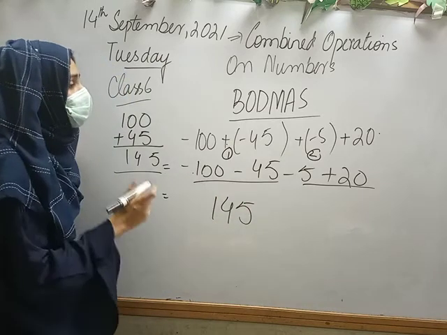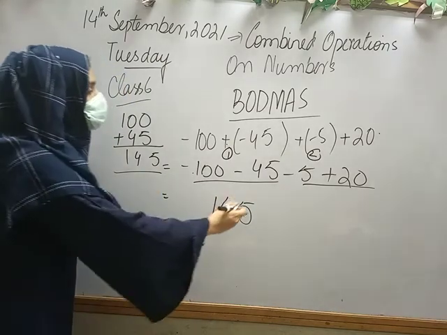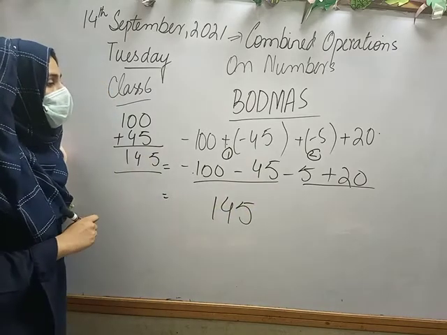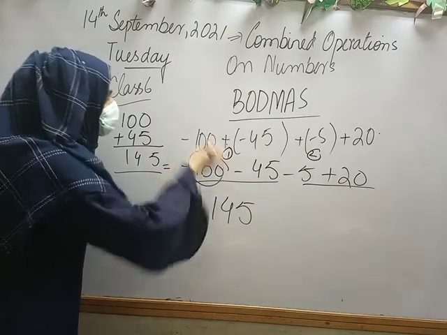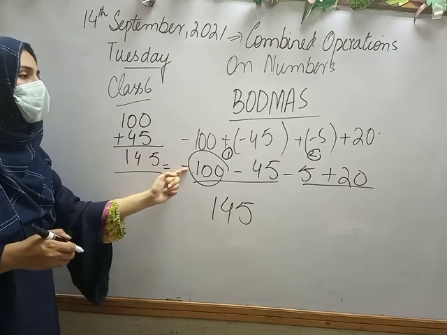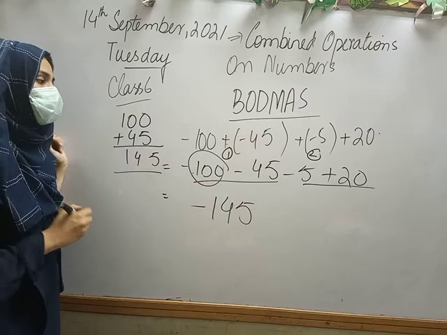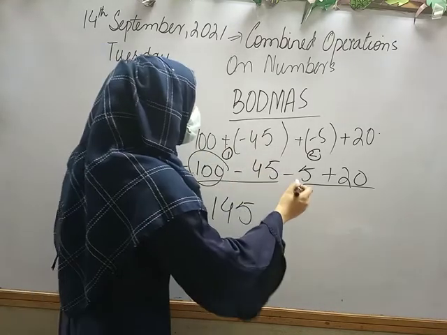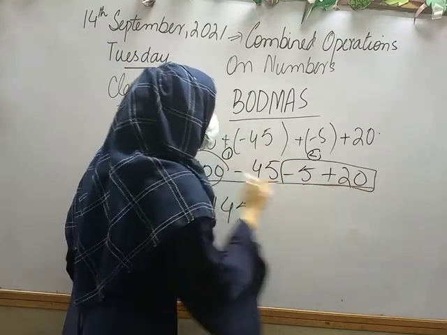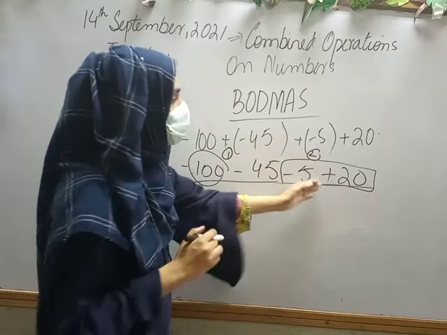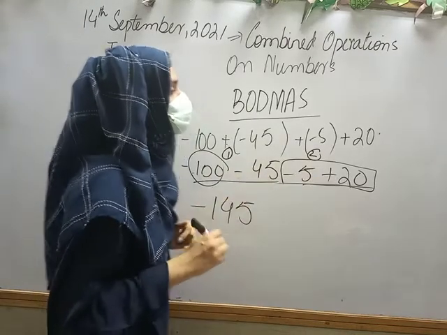Now we will assign sign with 145 on the basis of greater number. अब यहाँ पे greater number के साथ कौन सा sign है? Very good. I will write minus here. Fine. Now we will move to the next pair, which is minus 5 plus 20.